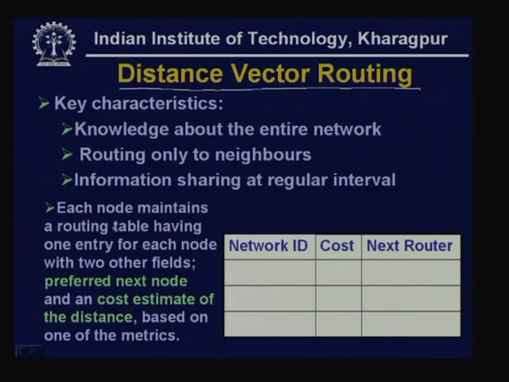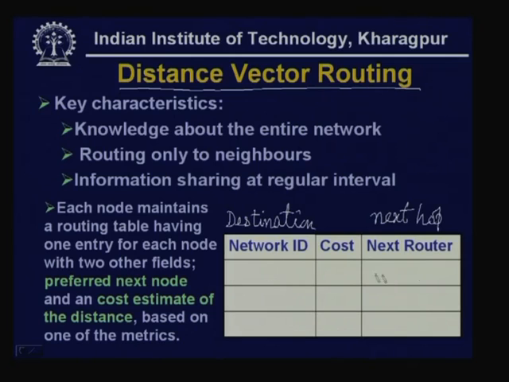And based on that, each node maintains a routing table having only one entry for each node with two other fields. So, this is essentially the address of the destination node. And here the cost is computed based on the information gathered through information sharing at regular intervals. That information is stored here, and with the help of this, the preferred next node, the next hop node, is mentioned.